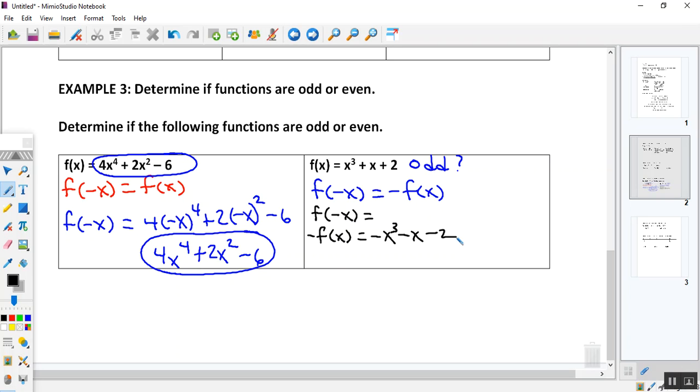Now, if I look at f of negative x, here's what we end up with. This becomes negative x in parentheses to what power, plus negative x, when I replace that x in the middle, plus 2.